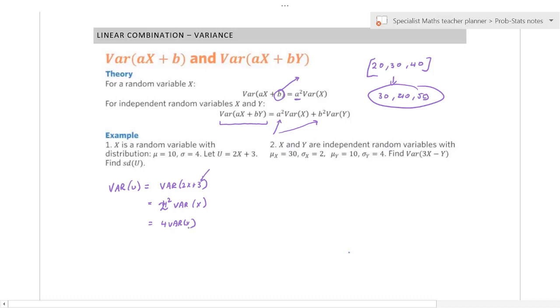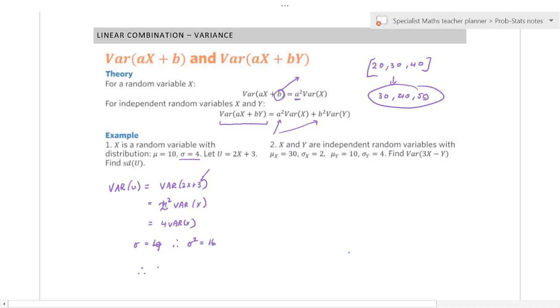Now, we don't have the variance of X, we have the standard deviation, which is equal to 4. So therefore, the variance is equal to 16.